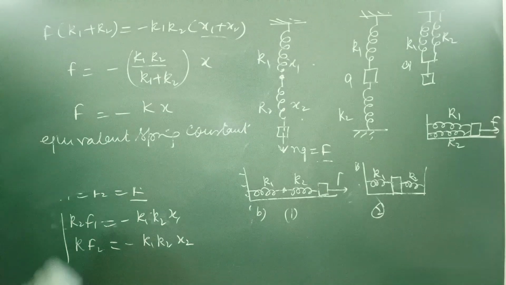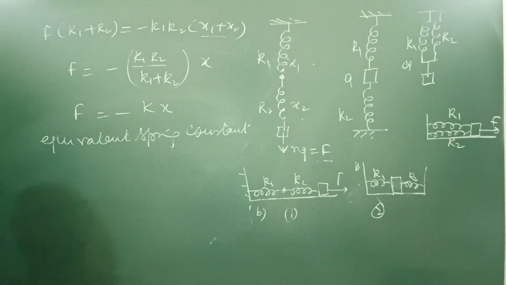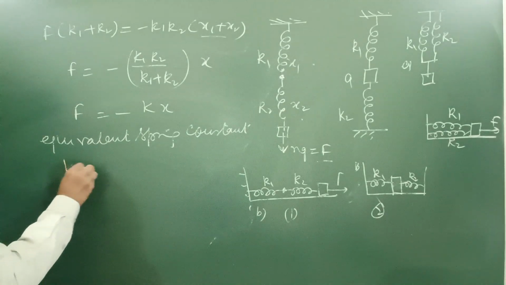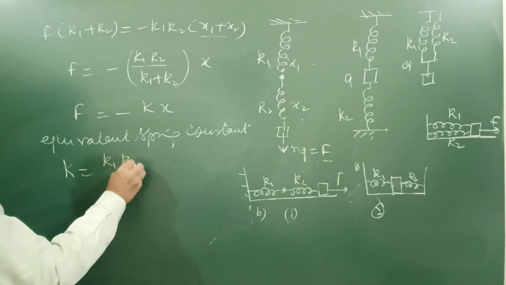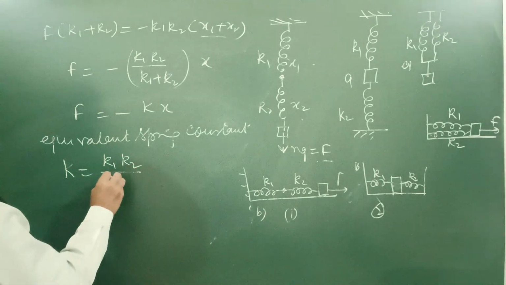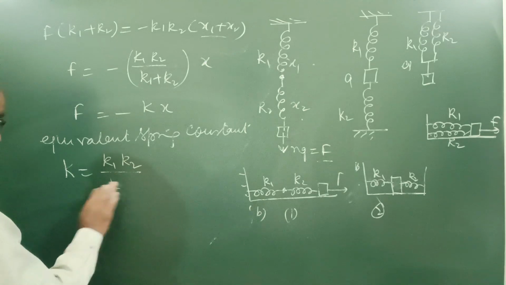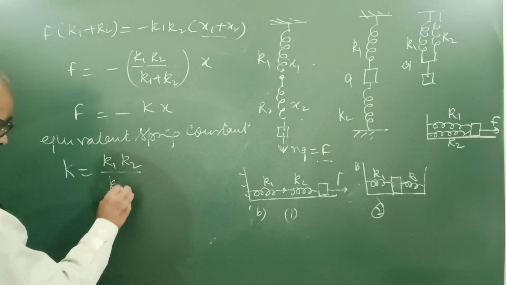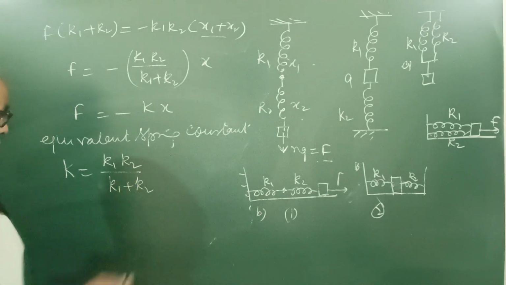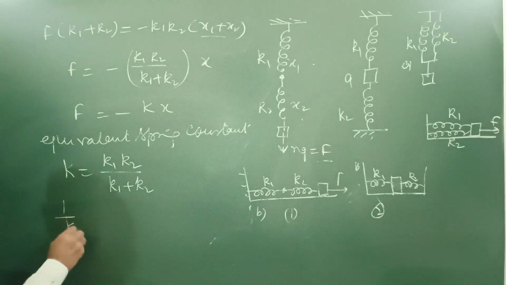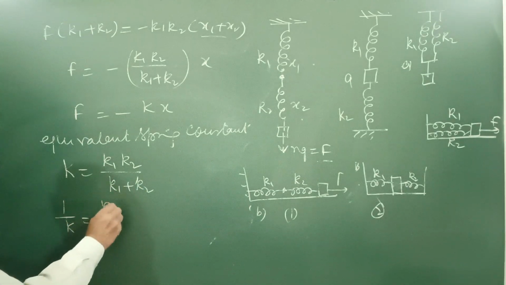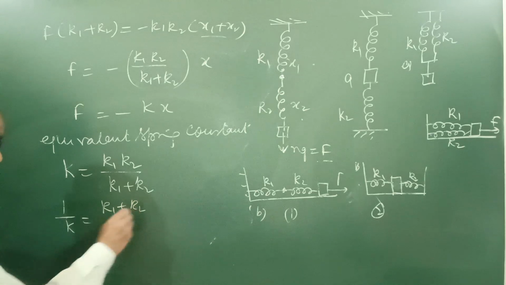What equivalent spring constant will we get? K is equal to K1 K2 upon K1 plus K2, and 1 upon K is equal to K1 plus K2 upon K1 K2.